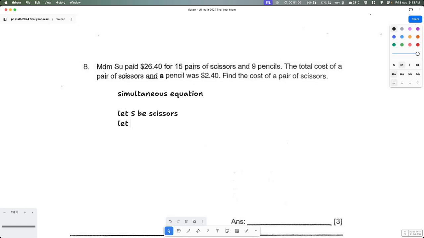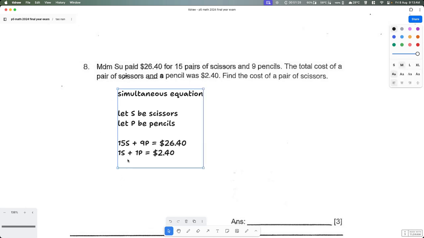And let P be pencils. So we know that 15 scissors plus 9 pencils is equal to $26.40. And 1 scissors plus 1 pencil is equal to $2.40.